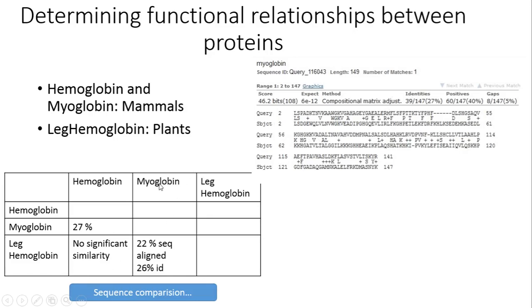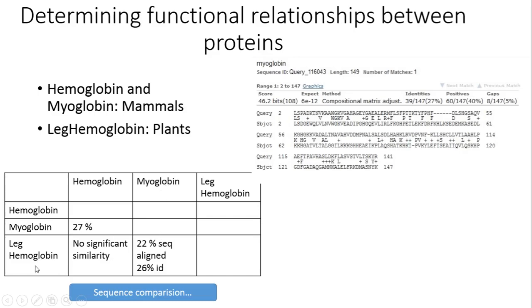And even in that short stretch, only 26% of residues were found to be identical. By this you can imagine how diverse the myoglobin and leg hemoglobin sequences are.